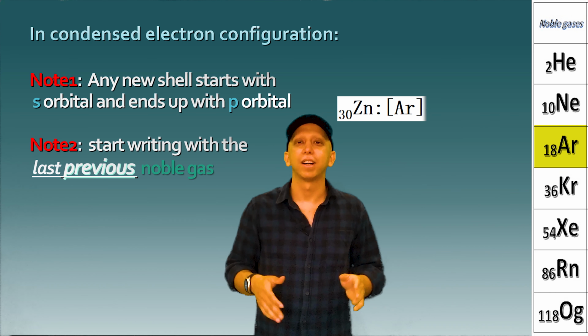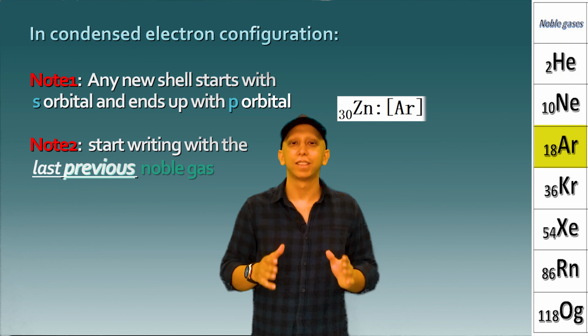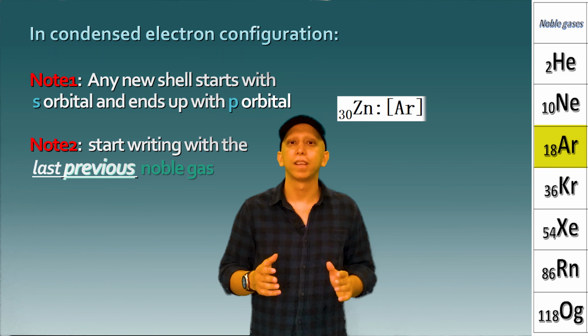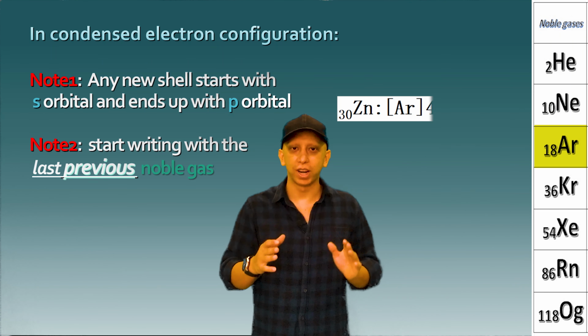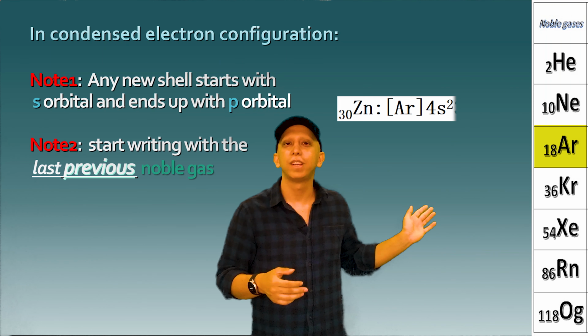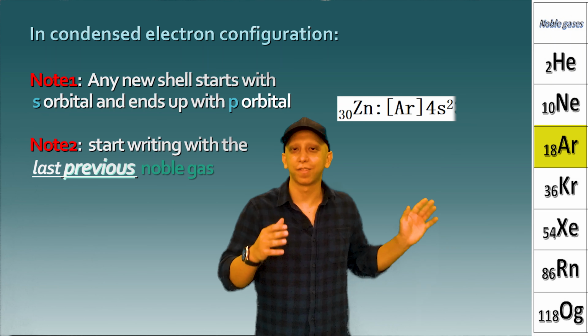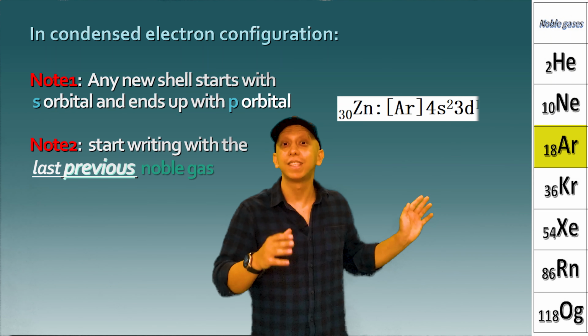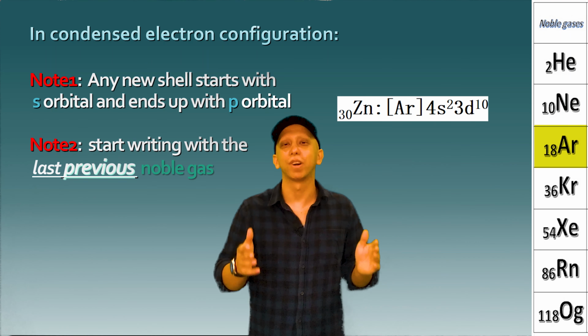So we write argon. Till here we have 18 electrons. As argon is the last element in shell number 3, we have to write 4s2. Till here we have 20 electrons, so we need 10 more electrons. And after 4s2, we know that we have to write 3d10 because we need 10 more electrons.